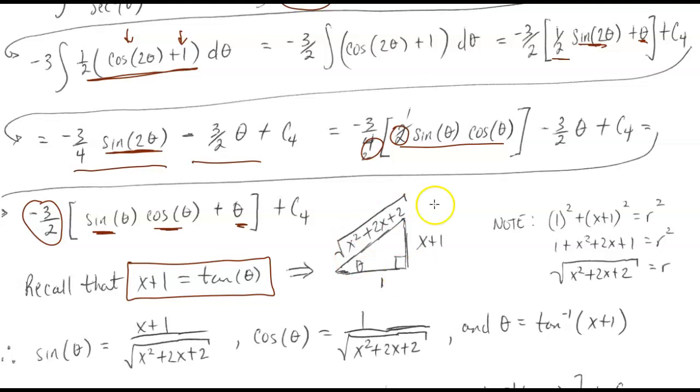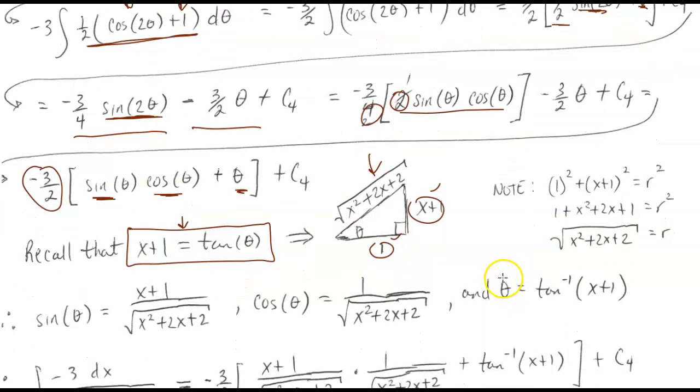We can do this whole right triangle thing and see the relationship of sine, cosine, secant and cotangent, all in terms of theta based upon this definition. Tangent, of course, is opposite over adjacent. So if we square 1 and then square x plus 1 and take the square root of that, we just end up getting the square root of x squared plus 2x plus 2.